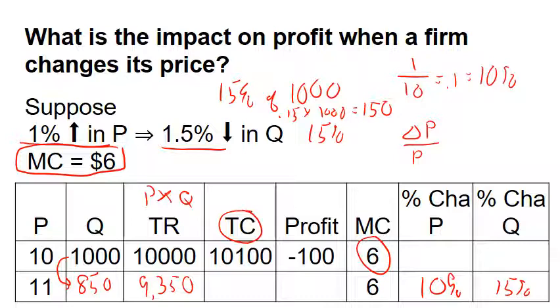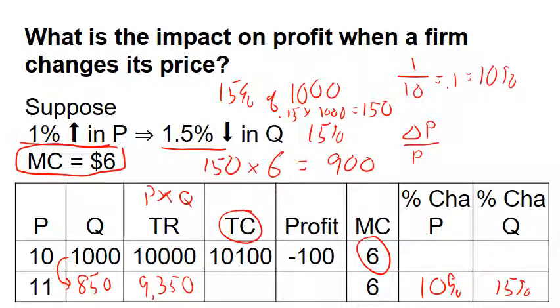It also shows how much total cost will fall for each unit the firm reduces output. So if I cut back my output by 150, and the marginal cost of each unit is 6, that means that my cost is going to change by $900.